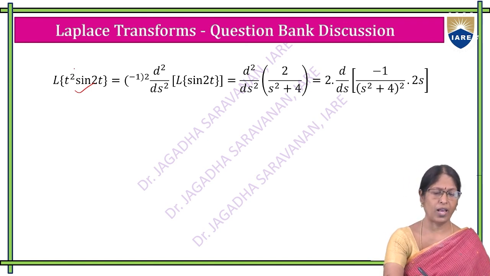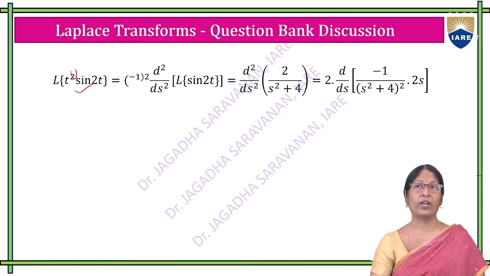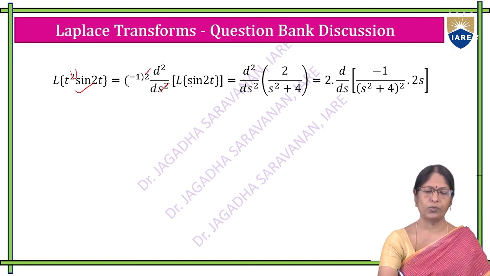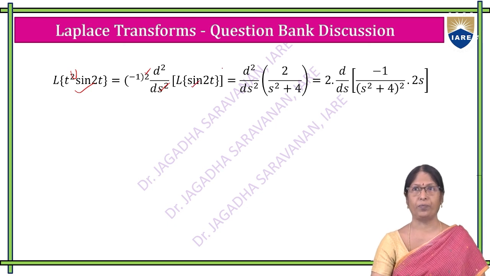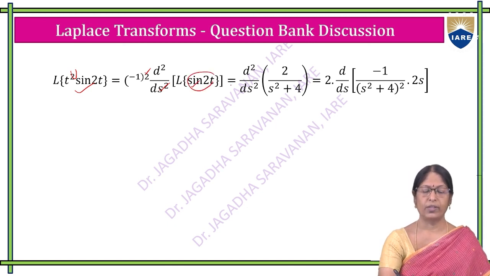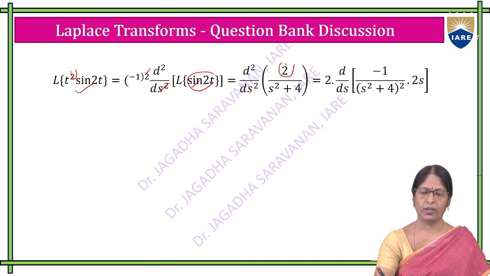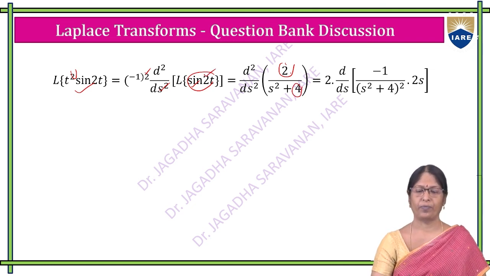Again, t has the power, so we take the t power n formula: minus 1 power n, where our n is 2. Two times we have to do the derivative. L of sine 2t is a by s square plus a square. Here, our a is 2, so this is written.